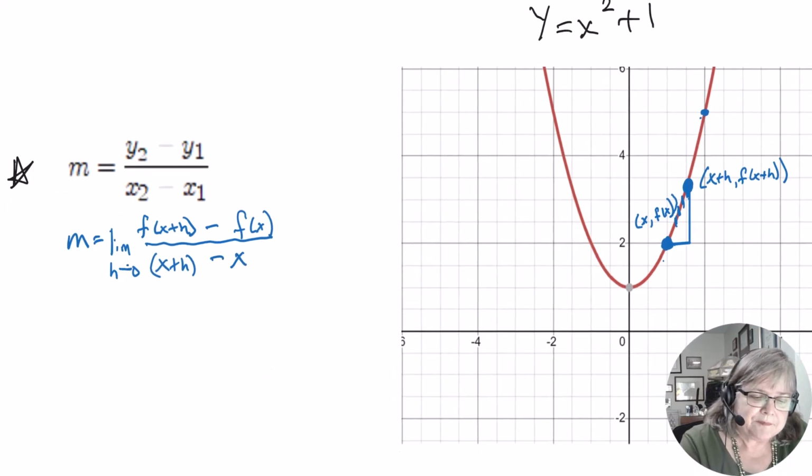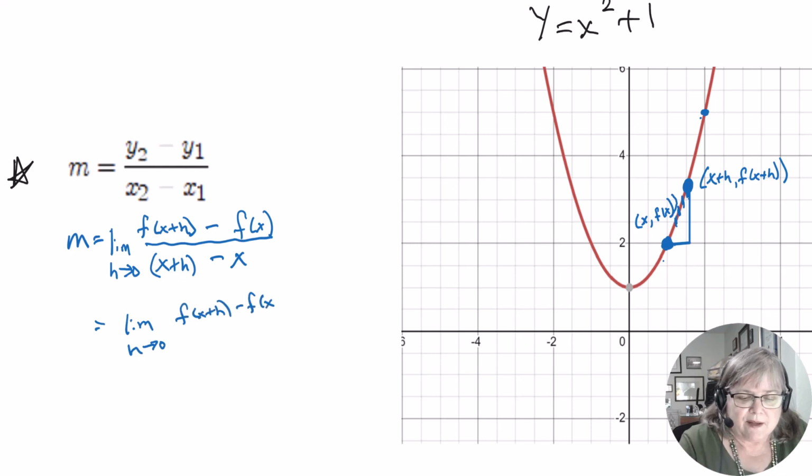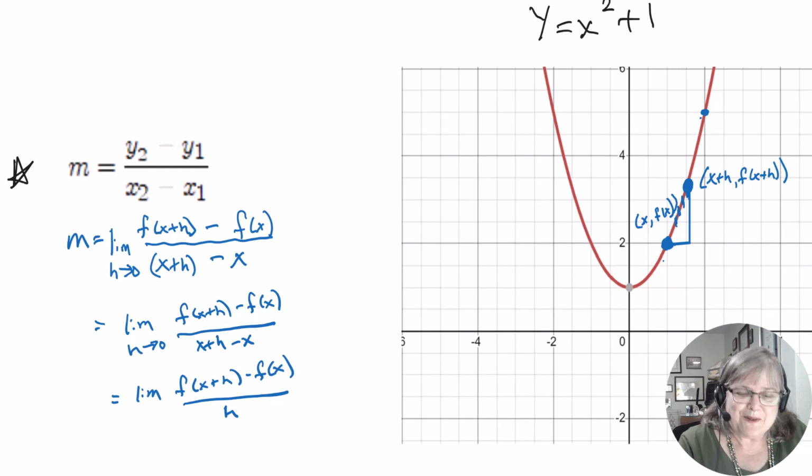Now, let's clean this up a little bit. So it's the limit as h goes to 0 of f of x plus h minus f of x over x plus h minus x, the two x's fall out. And it looks like this. Look familiar?